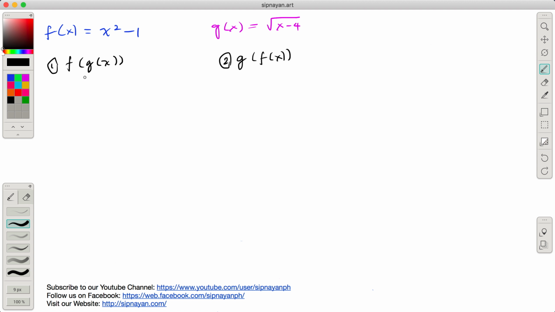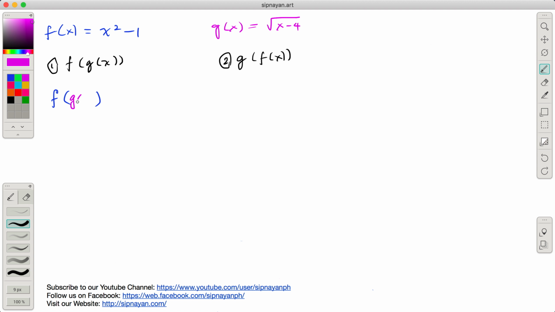So paano ang f of g of x? Sabi natin, pag meron tayong composition of functions such as f of g of x, g of x becomes the input, no? So, another way of writing it, di ba? F of g of x.